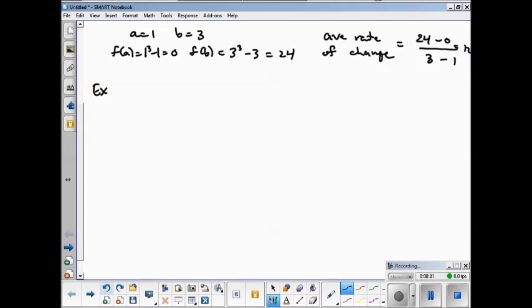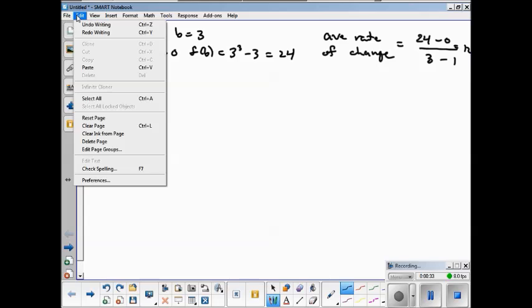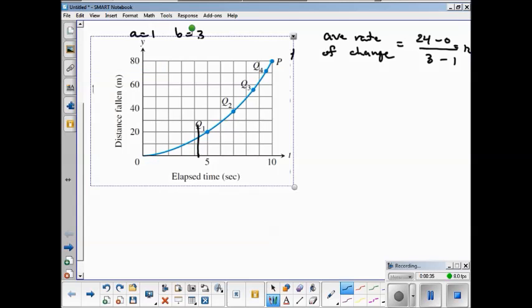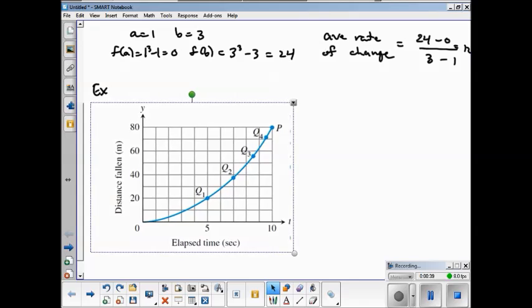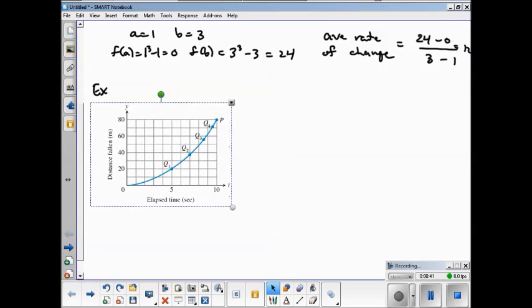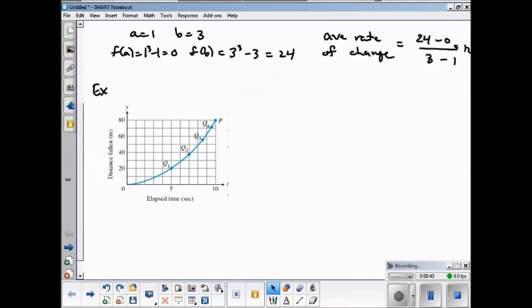So for my example, I'm going to cheat here and drop the graph in that they gave us in the book. Don't worry, I do want you to copy it, but you don't have to copy every little bit of it. We'll just write down the coordinates.